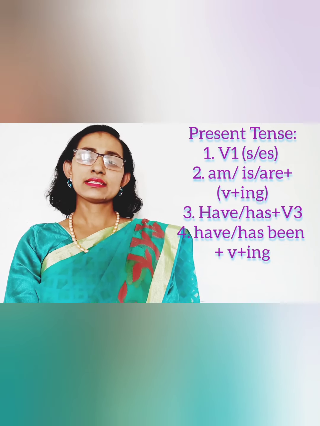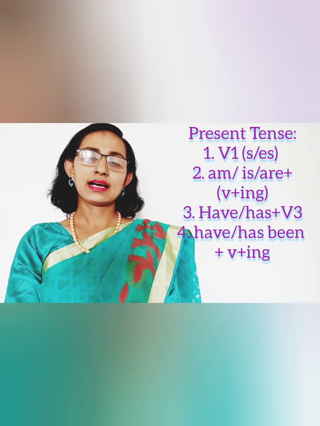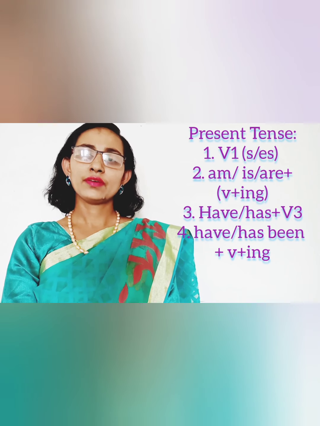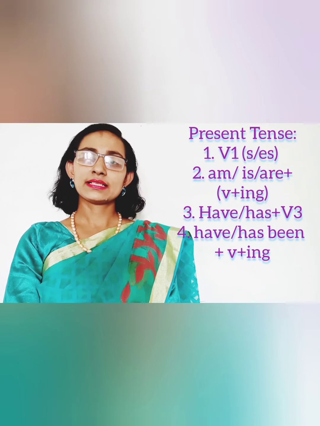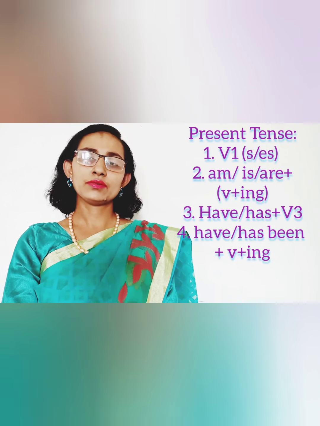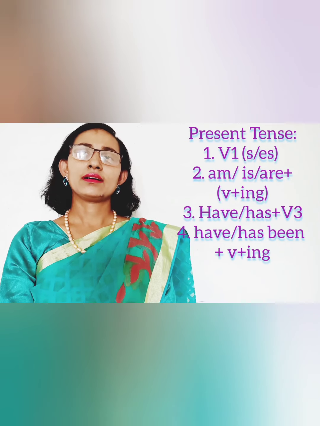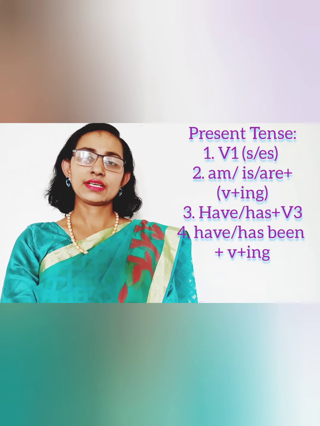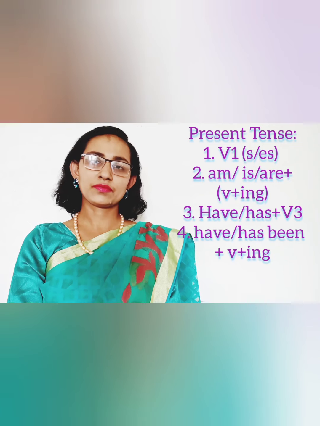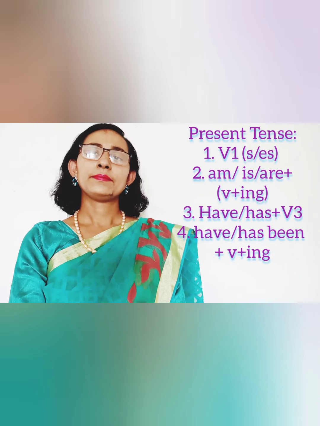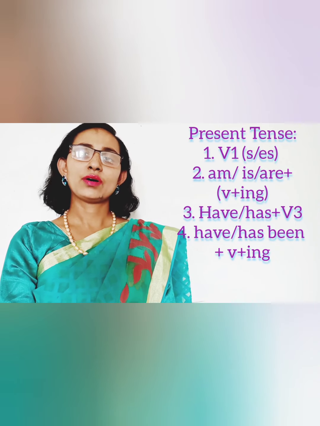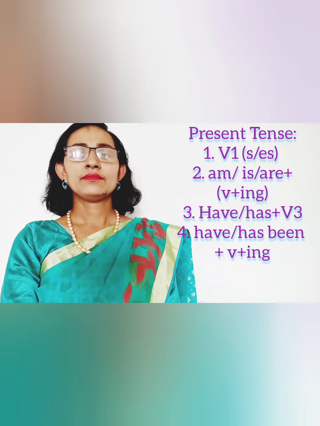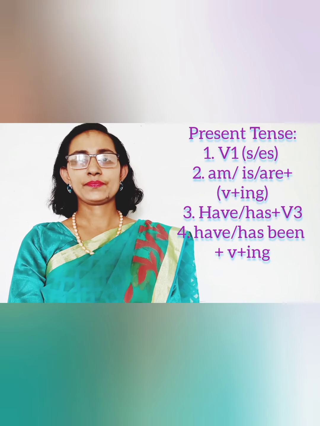For continuous tense we use am, is, are plus V1 plus ing. For present perfect tense we use have or has plus V3, that means the past participle form. And for present perfect continuous tense we use have been or has been, then V1 plus ing.